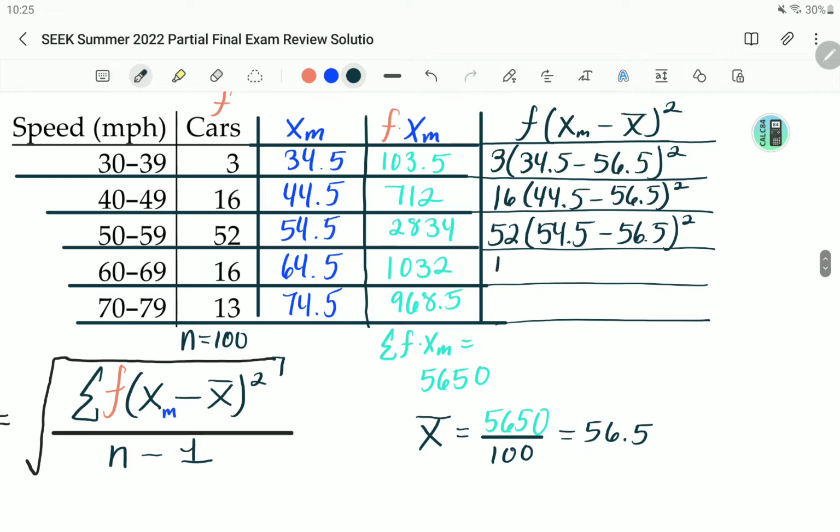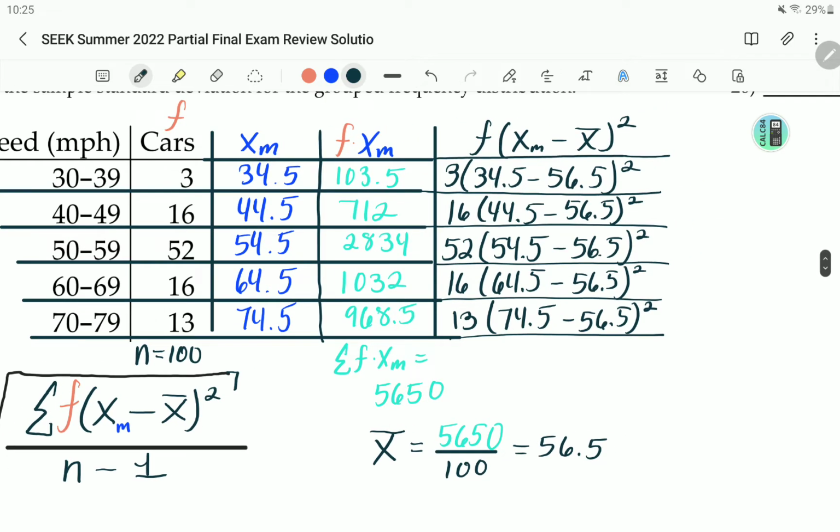The fourth one, frequency is 16 times the midpoint, 64.5, minus the mean, 56.5, squared. The last one, 13, times the midpoint, 74.5, minus the mean, 56.5, squared. And after that, we then have to find the sum of our frequency times the square of our midpoint minus the mean.